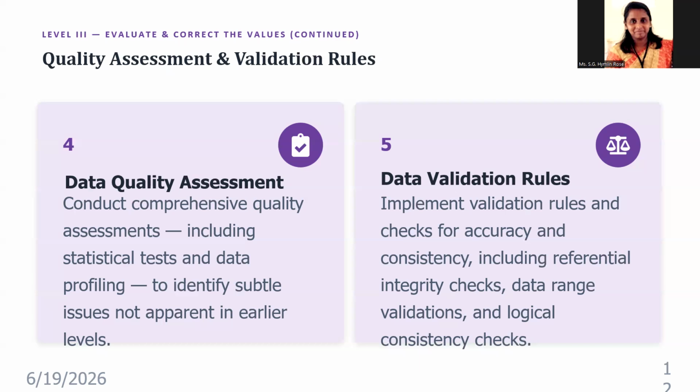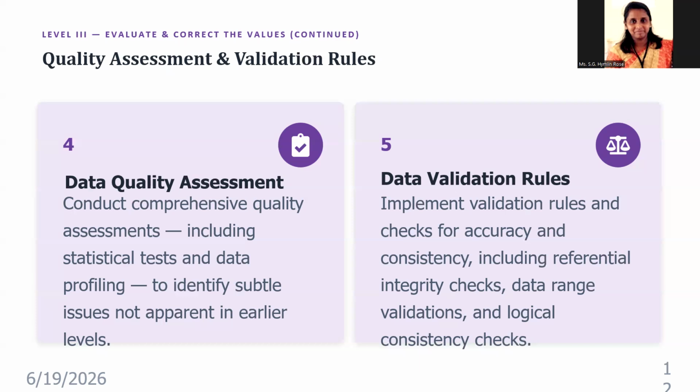Data range validation confirms that values fall within an acceptable, predefined range. Logical consistency checks mean verifying that related fields are consistent with one another. For example, a ship date should not be earlier than the corresponding order date.